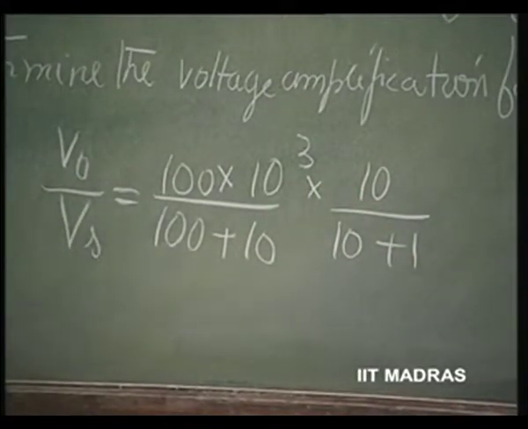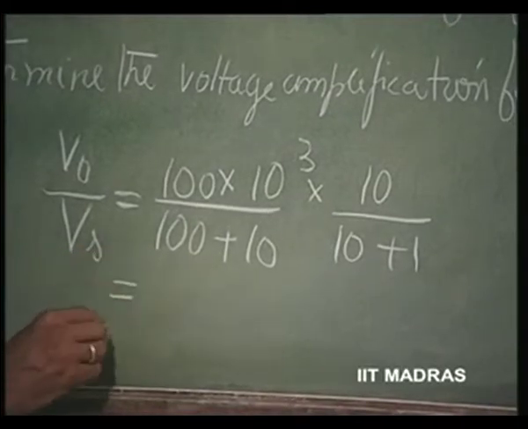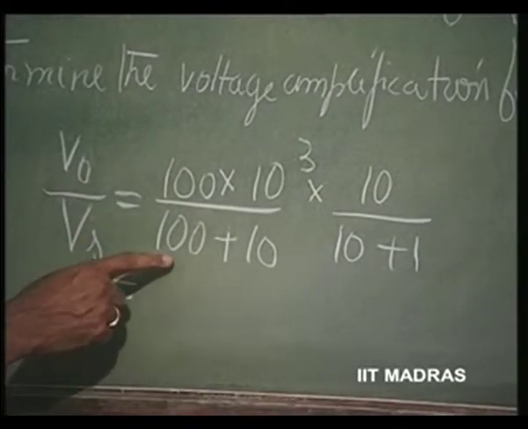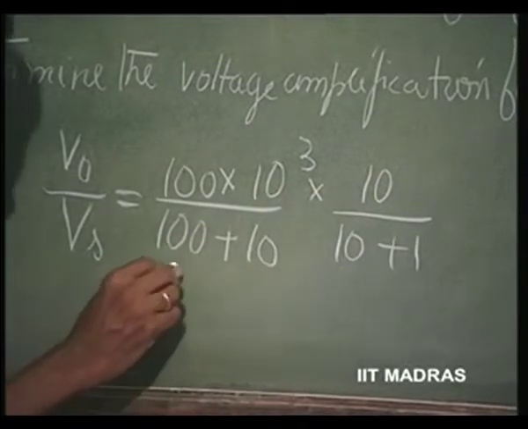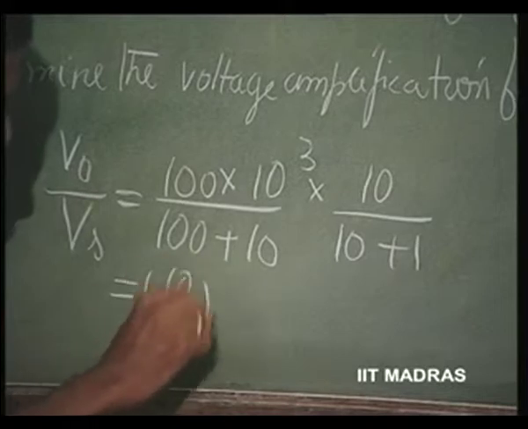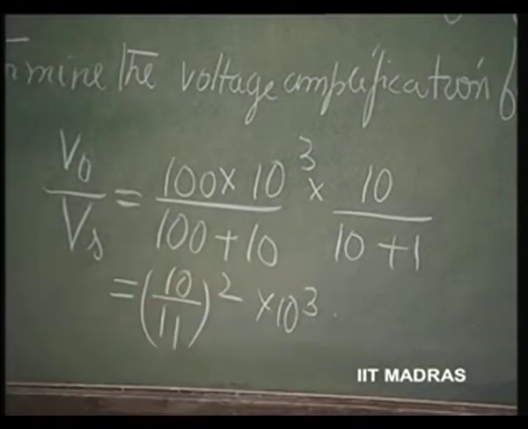So, the answer is very simple. We have it here as 10 by 11, 10 by 11. So, 10 by 11 squared times 10 to power 3.